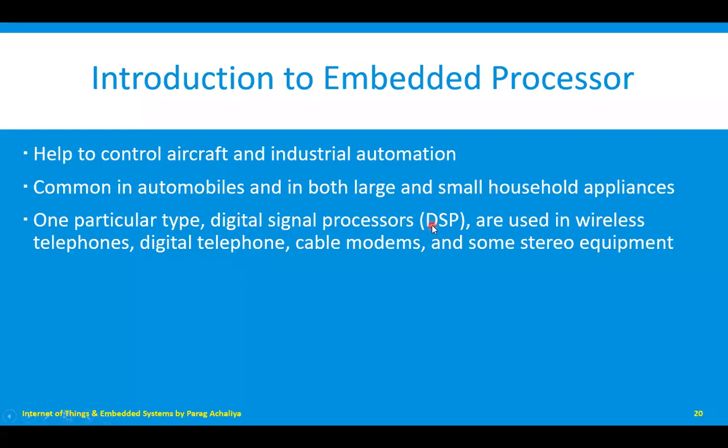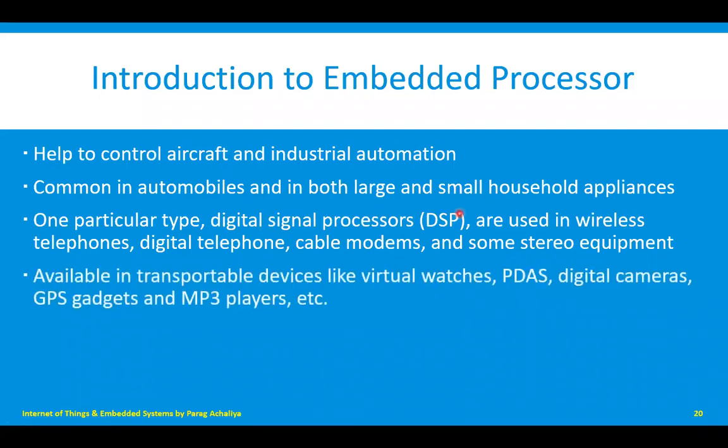And those digital signal processors are generally used in what? Wireless telephones, that is your mobile phones, digital telephones, cable modems. Whatever internet connectivity you have at home with the help of a cable modem, all those cable modems will require what? Digital signal processors, and some stereo equipment like audio video equipment. All those things will have a digital signal processor, which is a type of embedded processor.